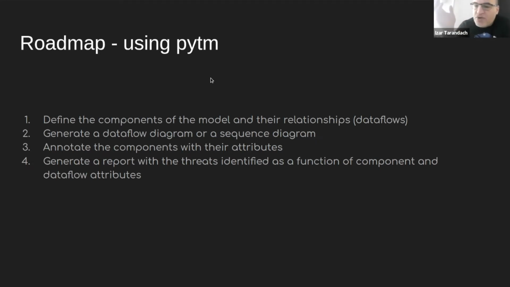What protocol is running over a data flow, what's the classification of the data running in there, what operating system is your server, has it been hardened or not, things like that. And then you generate a report that brings everything together in whichever format you want, and move from there. Fix your stuff, then go back to the beginning.